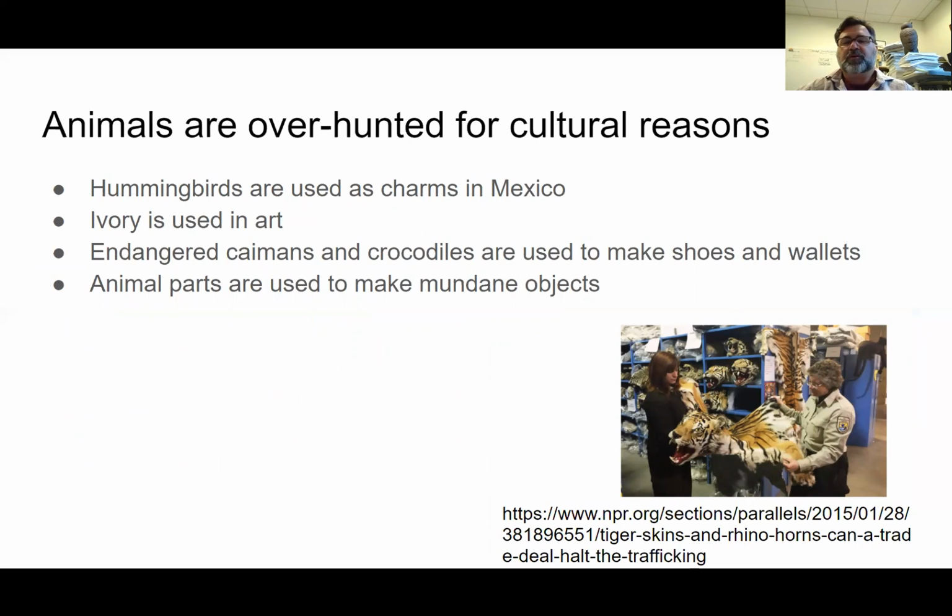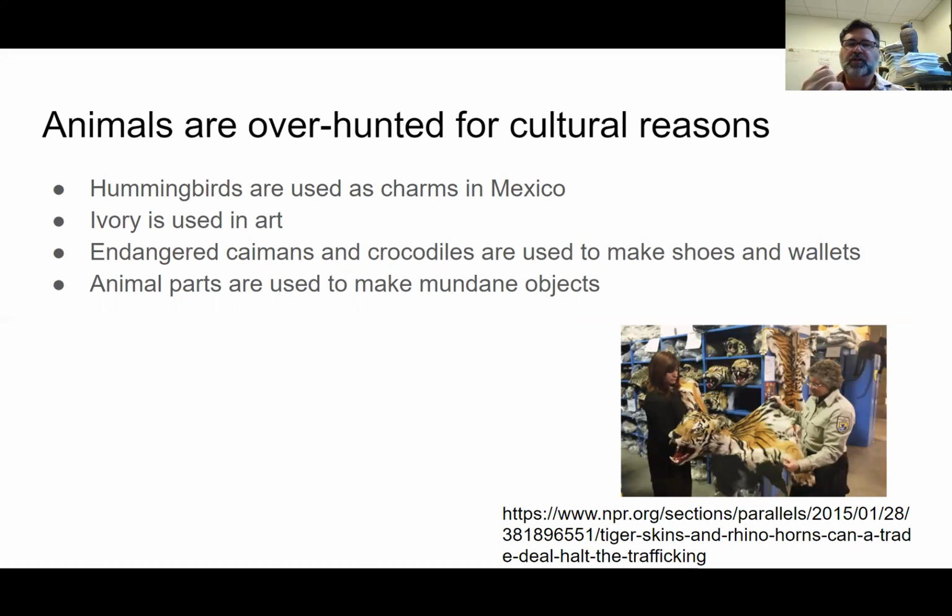So let's go over cultural reasons why animals might be harvested. And there's just hundreds of reasons, but I'll just go over a few. So in Mexico, there are some traditional charms that are made out of hummingbirds. So hummingbirds are taken out of the population.